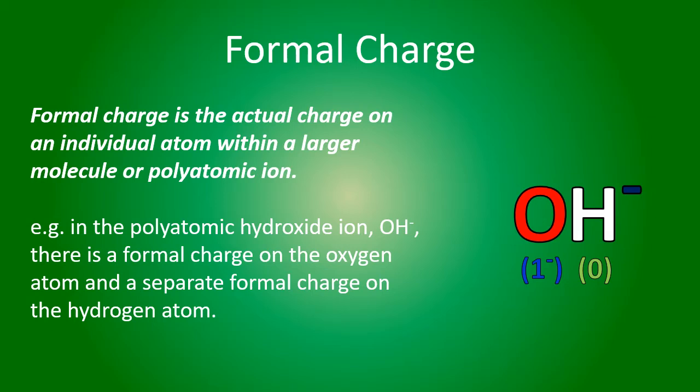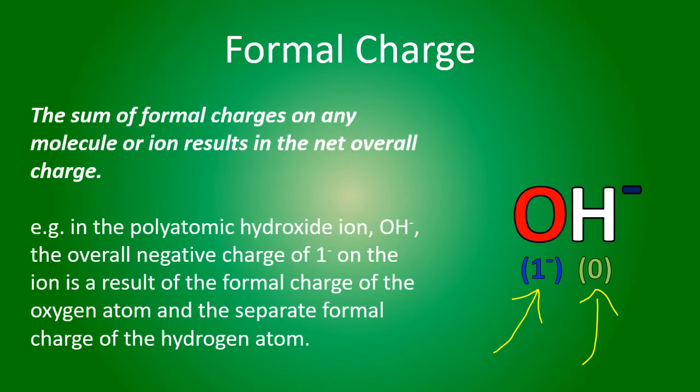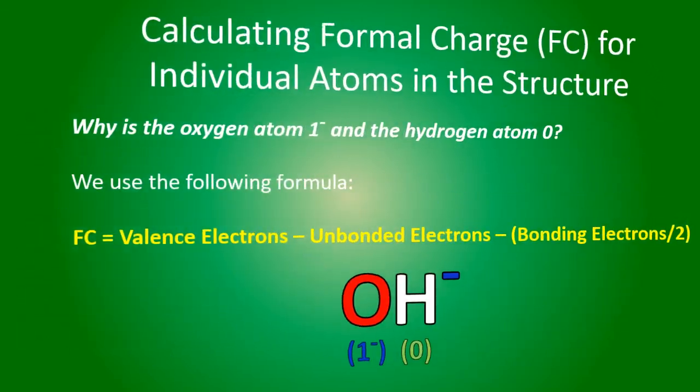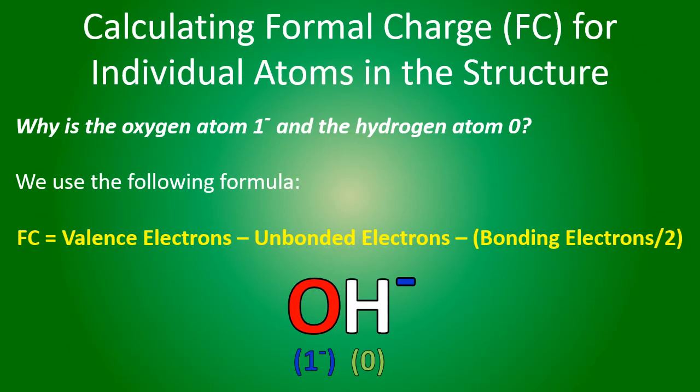We're going to find out why the oxygen has a 1- formal charge and why the hydrogen has a charge of 0. Again, there's a little routine that you have to get into. Once you crack the routine of drawing Lewis structures, everything becomes clear. This is what we're going to use.